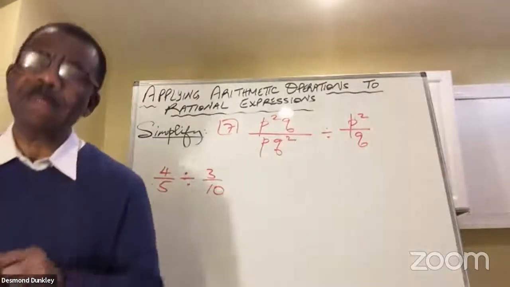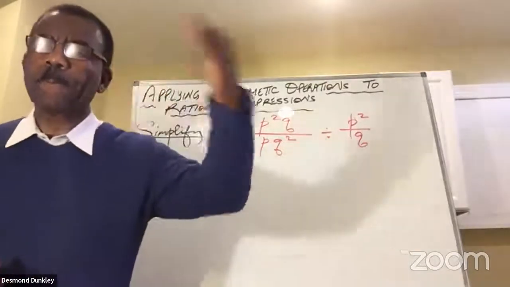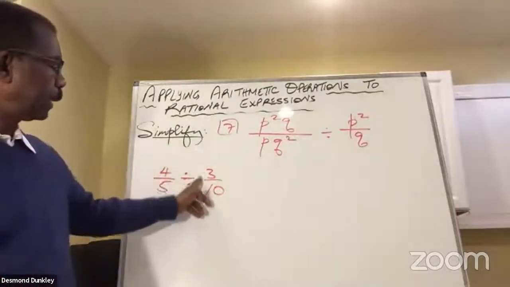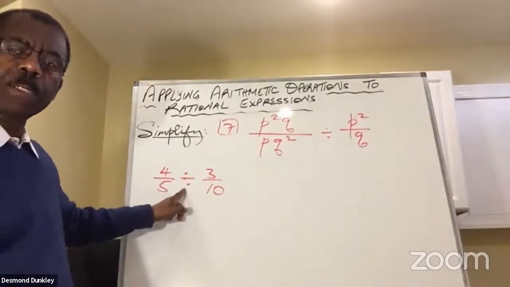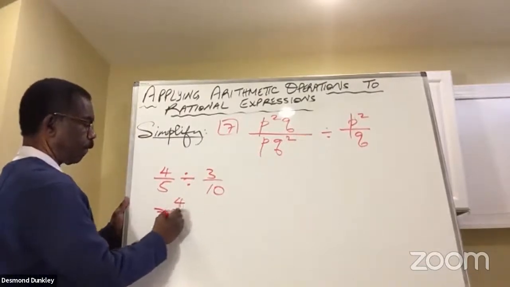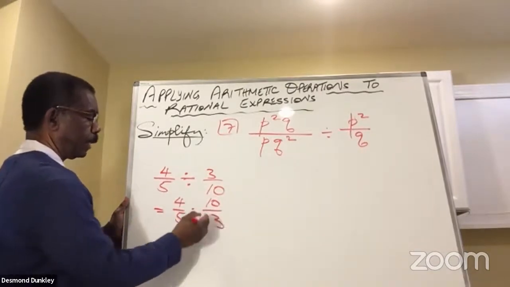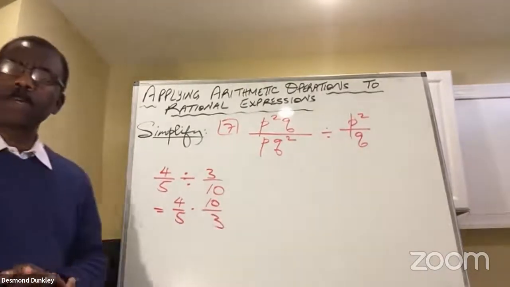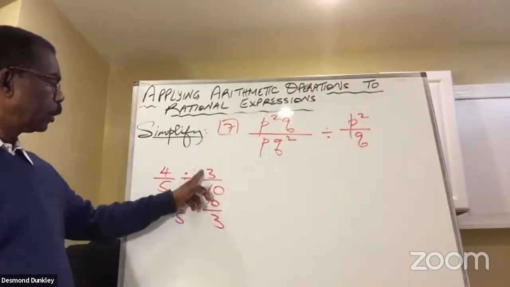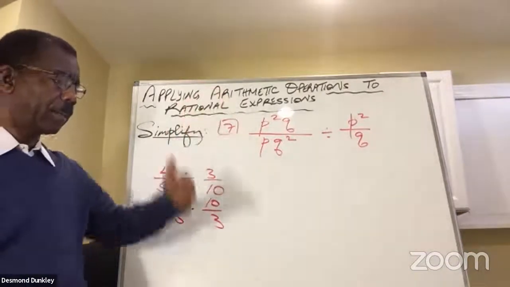The rule in math is that whenever you divide by a fraction, you flip the divisor and multiply. So you flip this and change the division to multiplication. So it becomes 4/5 times 10/3. That's how you do it. You change the division to multiplication, you change your divisor by flipping. The bottom becomes the top, the top becomes the bottom.